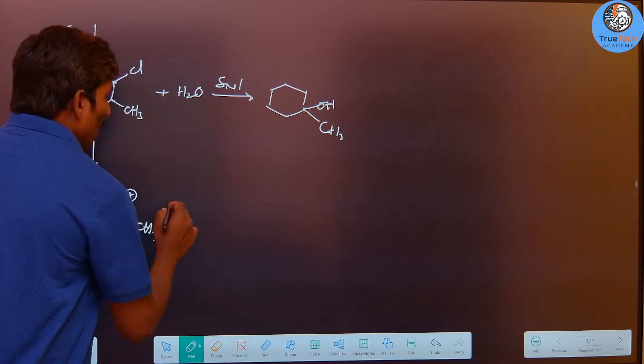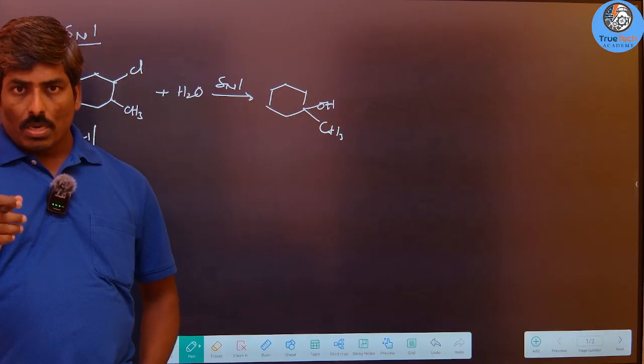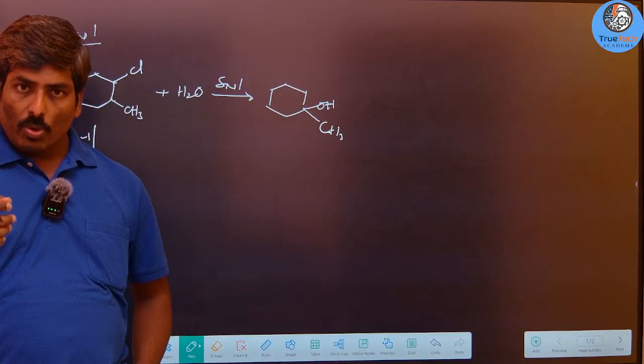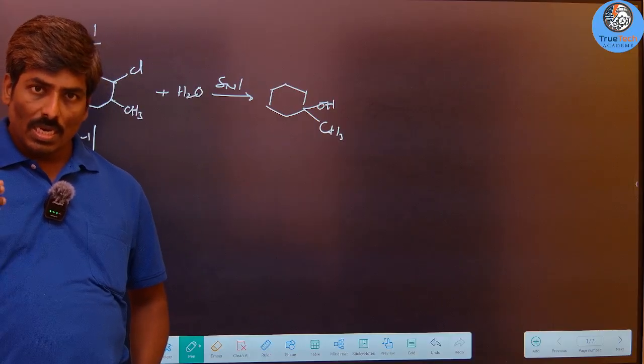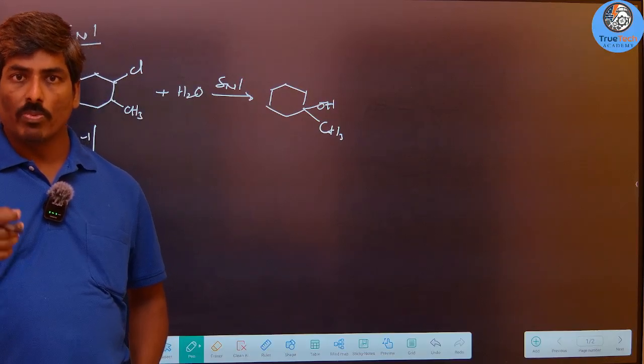So the SN1 reaction has two steps. In step 1, formation of carbocation, and step 2 is generally the attack of nucleophile on the carbocation which is formed in step 1.